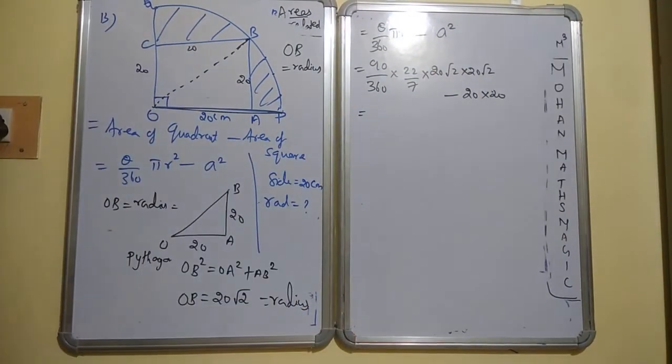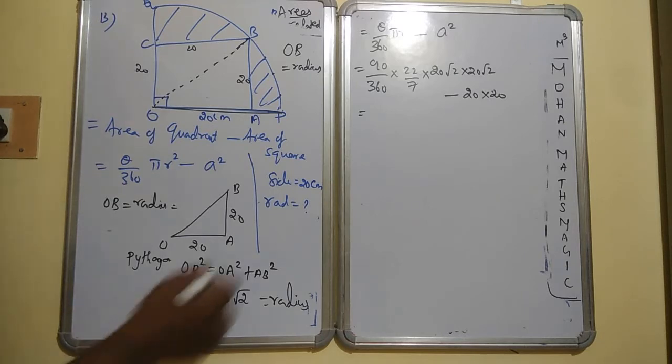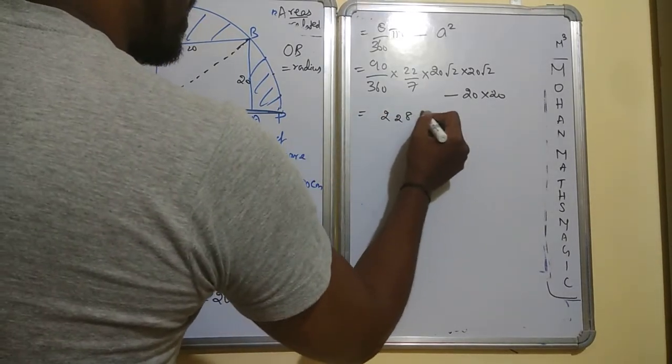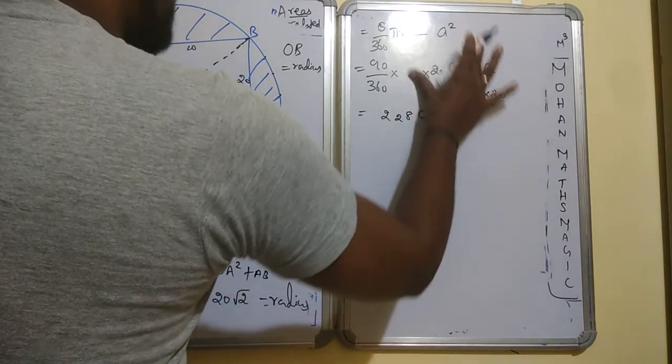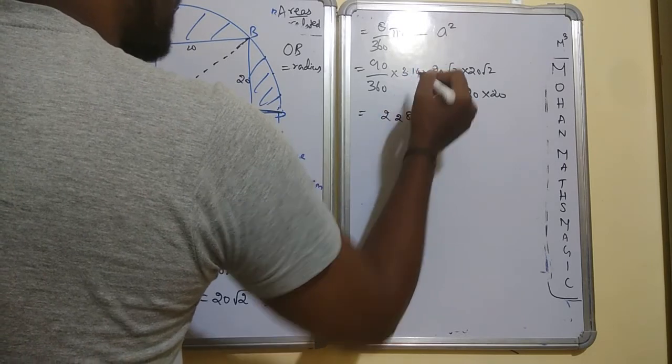Root 2 value is not given. Cross check, root 2 value is not given. Pi value is 3.14. So finally you substitute, you get 228 centimeter square.